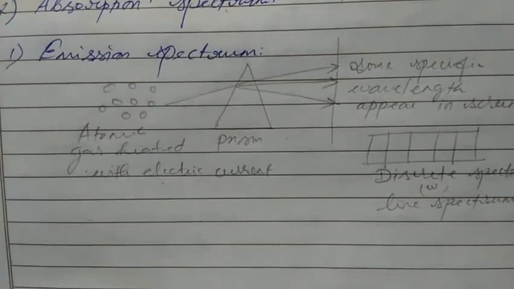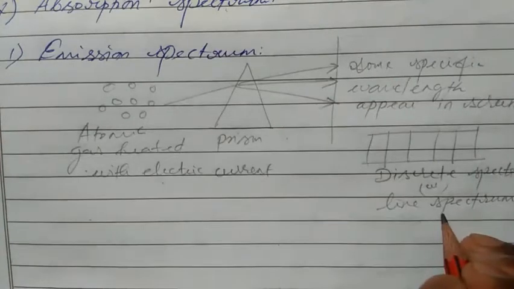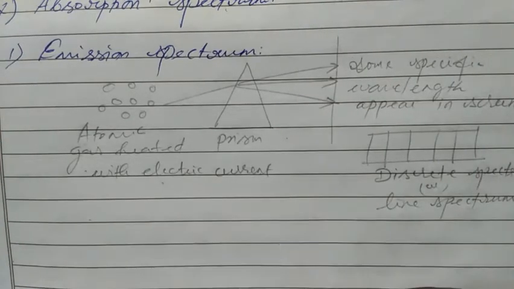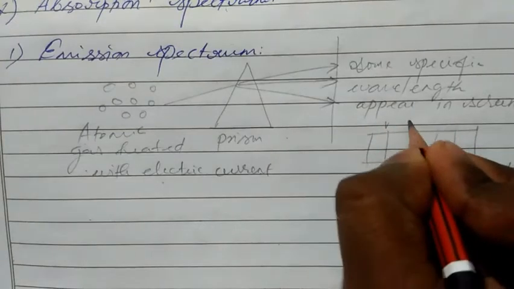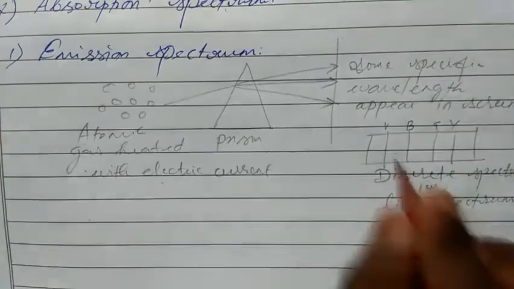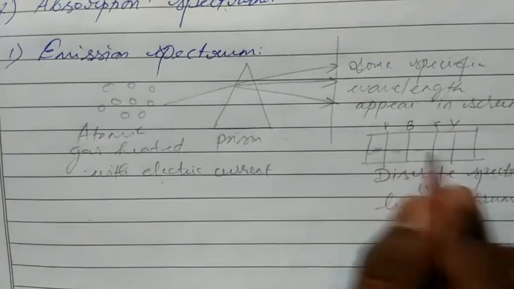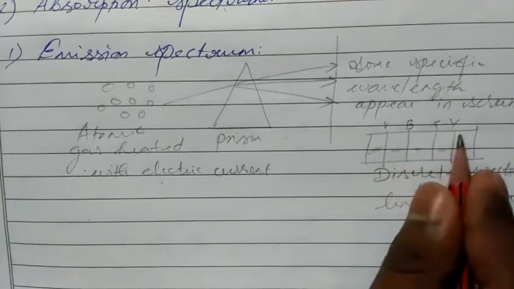In this process, we have the spectrum in a discrete manner, or we can call it a line spectrum. Here we have particular colors, for example violet, blue, green, yellow, like that. The remaining spaces are empty, or we can say dark. These spaces are dark and these are the only colors.